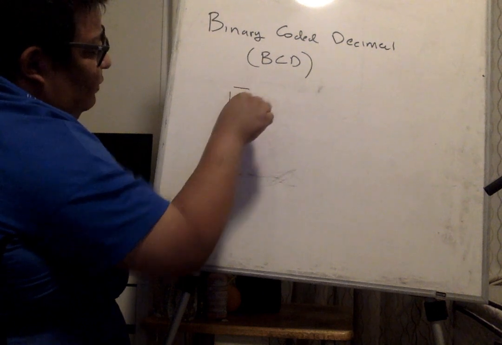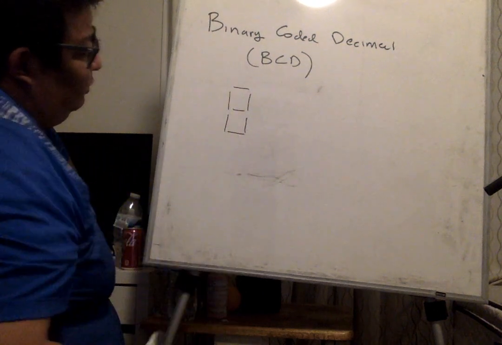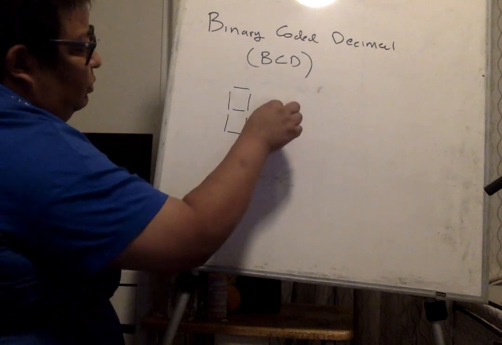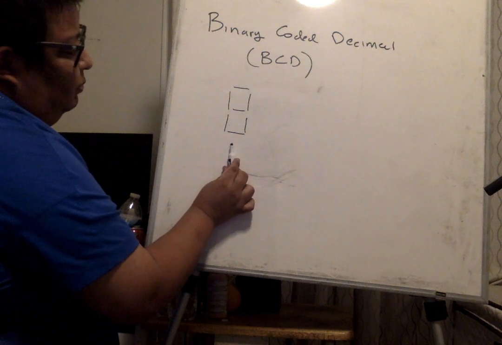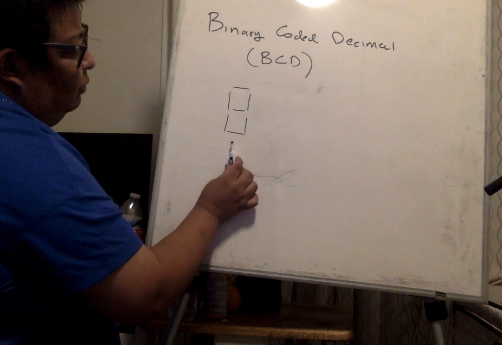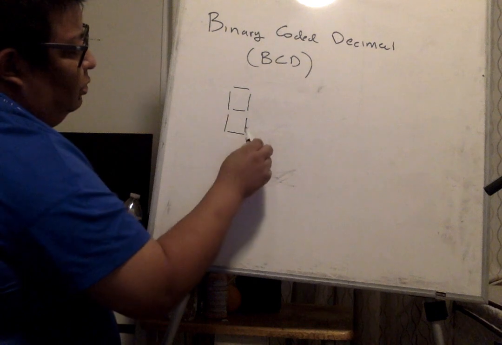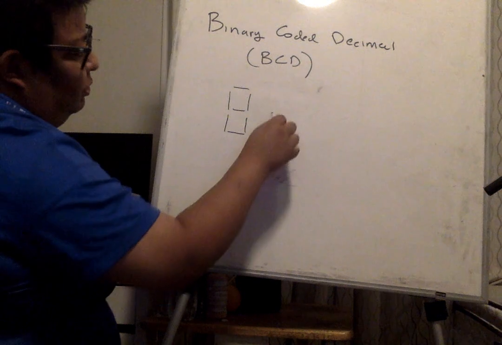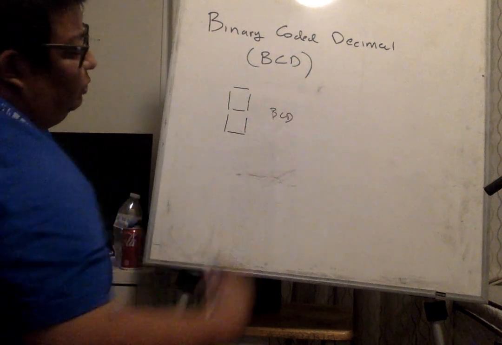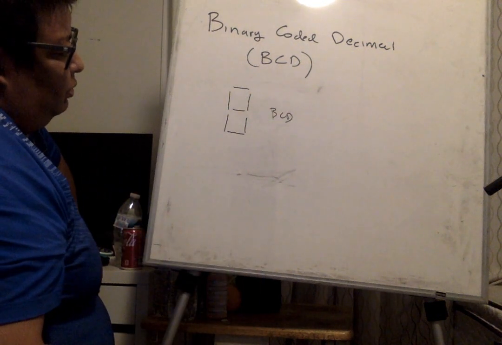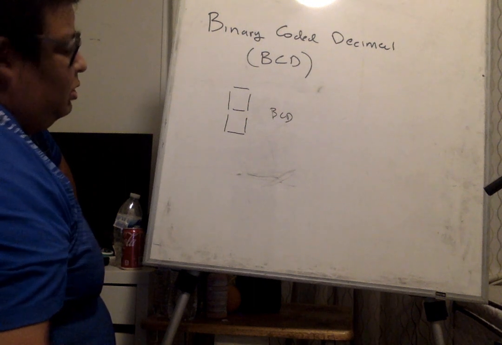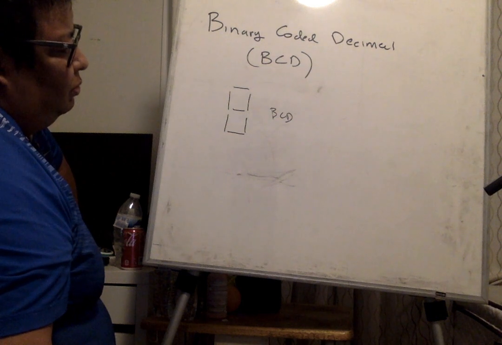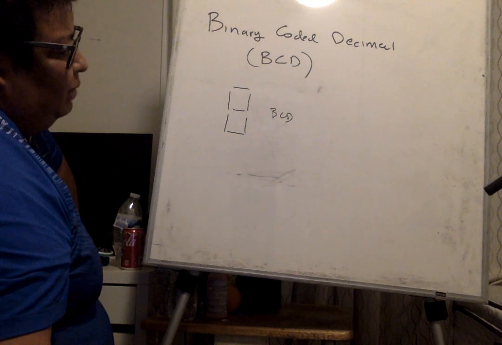The typical 7-segment display uses this: you can convert to such a visual representation using binary coded decimals. Packed is preferred sometimes, most of the time.